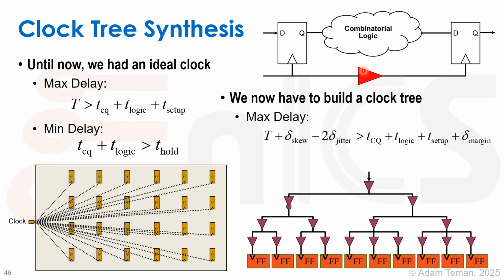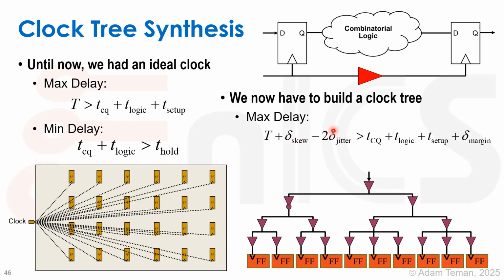Then we change our max delay and our min delay, so we actually add skew to the path between our launch flip-flop and our capture flip-flop. And that's because we decided to define skew in a positive way of this clock arriving later than this clock. So that's why it's a plus of this skew.